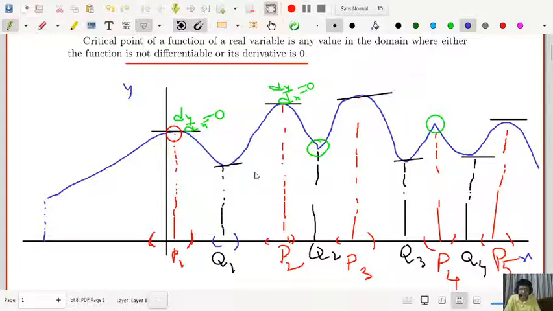Similarly, you can explain the global minimum. So look at that, Q1. Q1 is the least among all the minimum values.